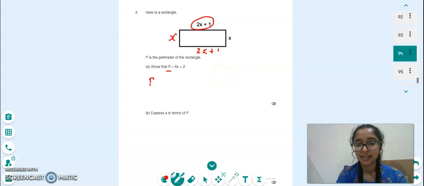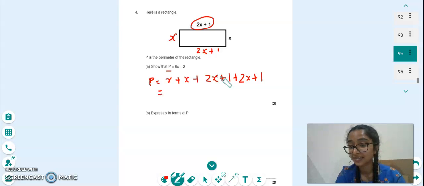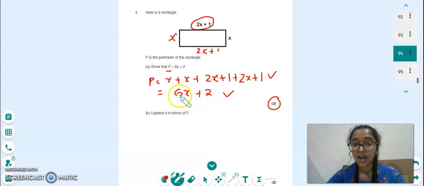So that should be P is equal to x plus 2x plus 1 plus x plus 2x plus 1. Yeah? So that is equal to, we're collecting like terms here, 1, 2, 3, 4, 5, 6x plus 2. Now the 2 marks go for your working out, 1 mark, and 1 mark for your answer. So please be aware of that. You need to write your working out.